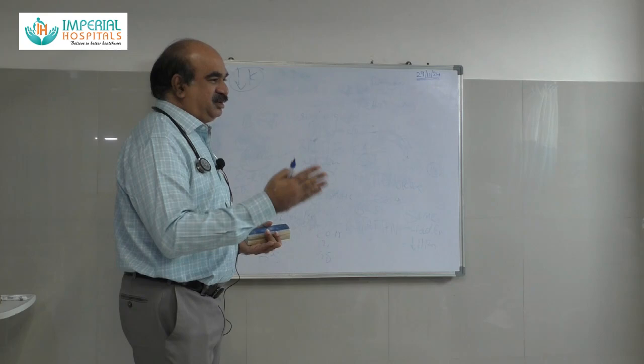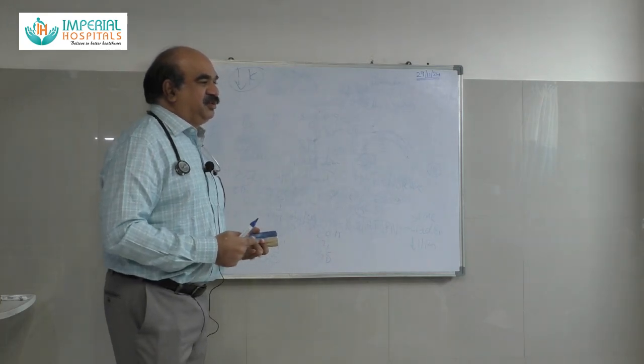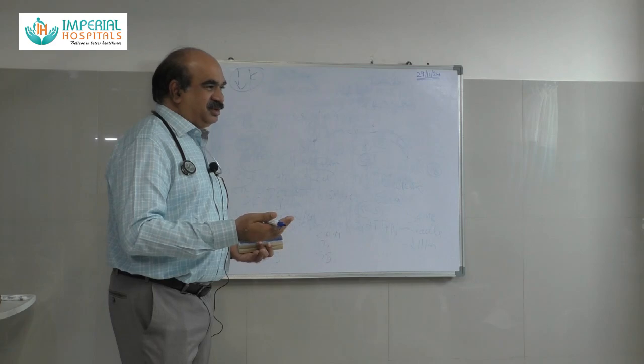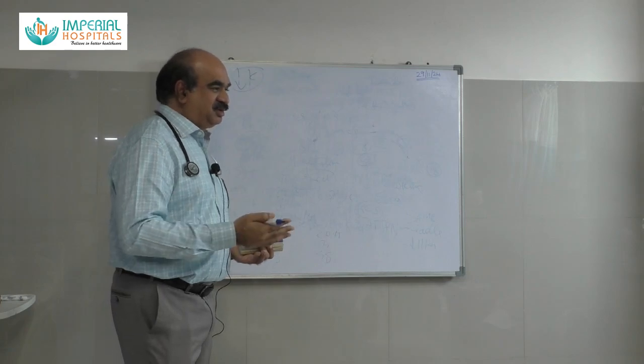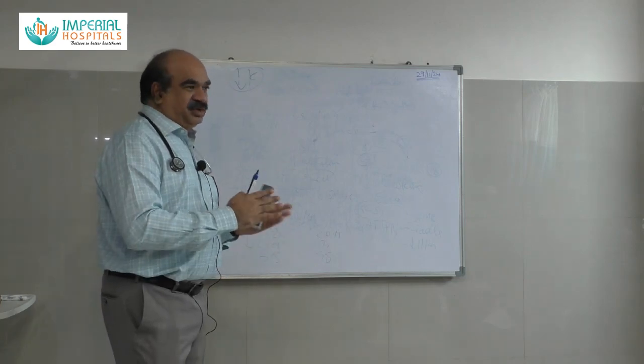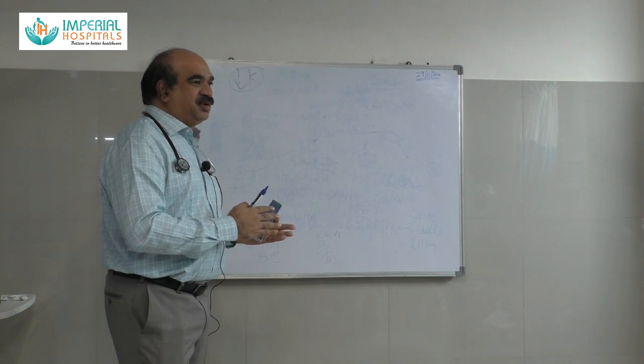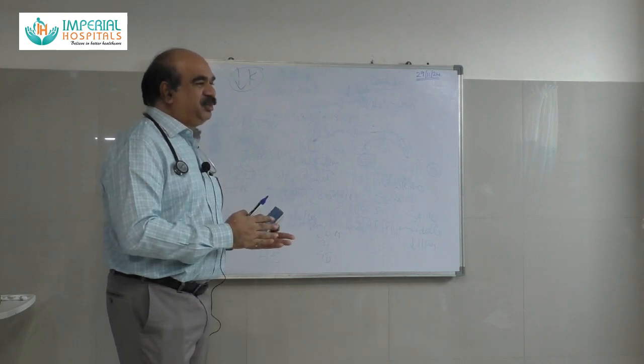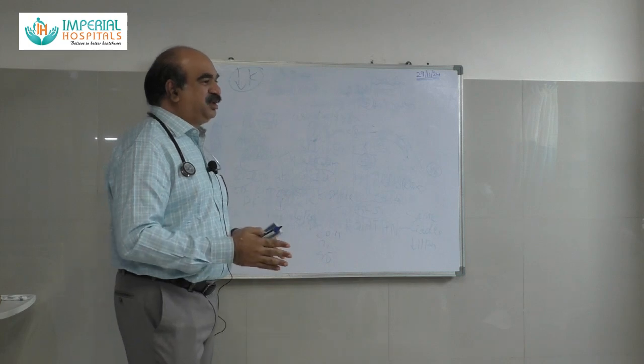What is the potassium loss with vomiting? What is the hydrogen loss, the chloride loss and the potassium loss? Hydrogen loss will be around 100 milliequivalents per liter and chloride loss around 120 milliequivalents per liter. Potassium loss will be less, 10 to 20 milliequivalents per liter.